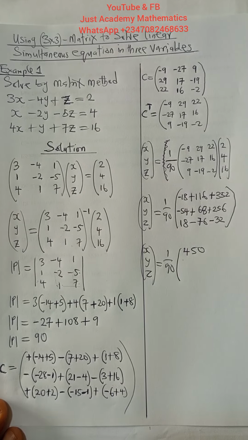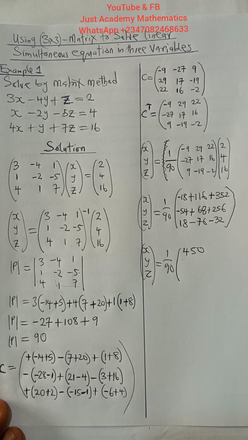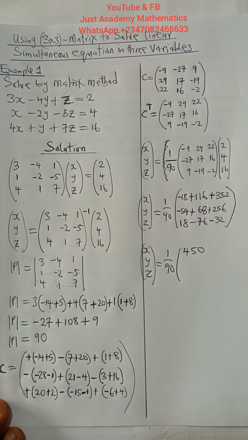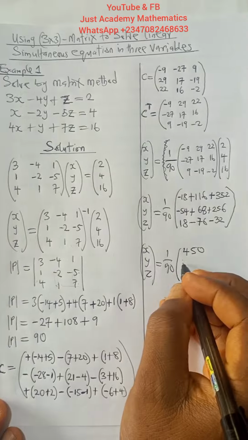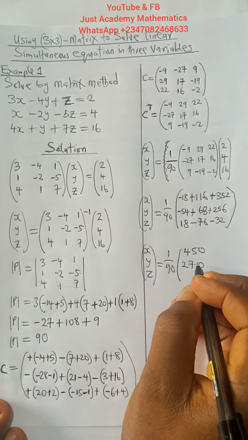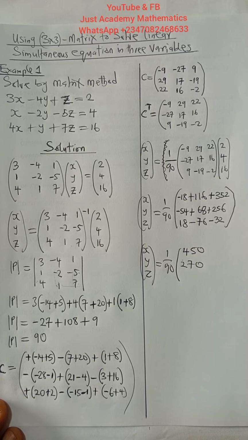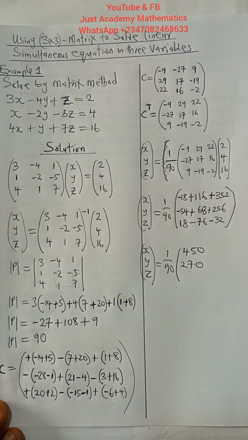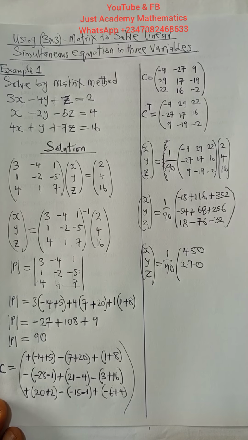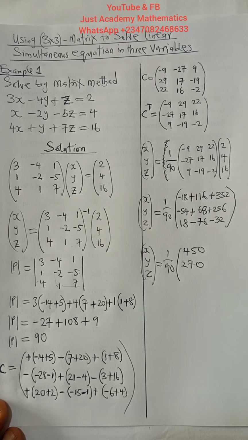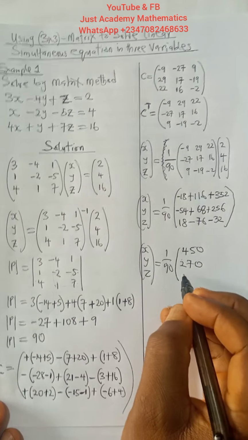We have 256 plus 68 minus 54. That will give us 270. Positive. And what about the last one? We have 18 minus 76 minus 32. That will give us minus 90.